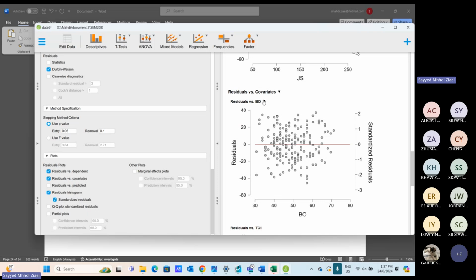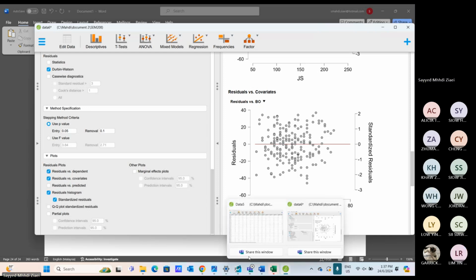So when you check the residual independent, there is no systematic pattern. If you have a systematic pattern, it's a sign of autocorrelation. Here we don't have a systematic pattern. We cannot write positive and negative relationships. So it's okay. It's very good. I like this one.